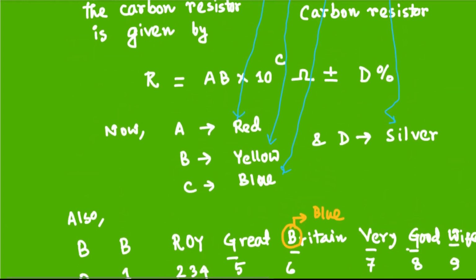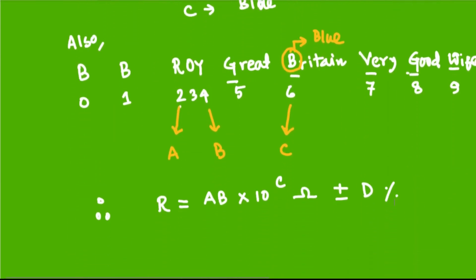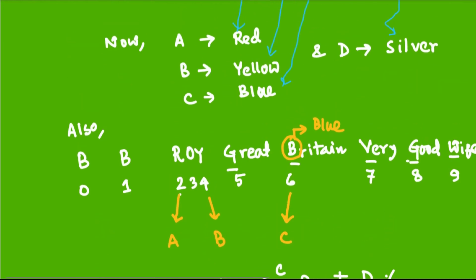Now putting the values, the value of A is 2, the value of B is 4, and the value of C is 6. So 24 into 10 to the power 6 ohm plus minus D, and the fourth color strip is silver.